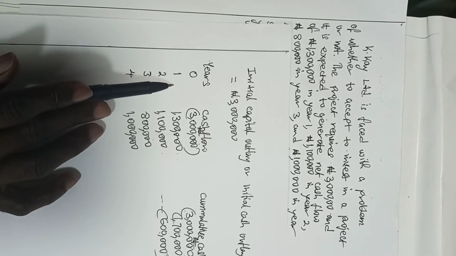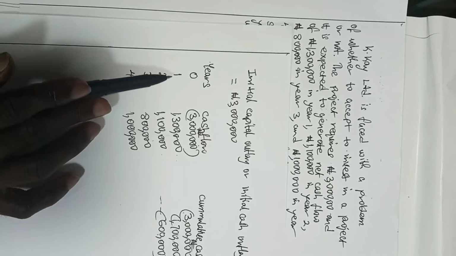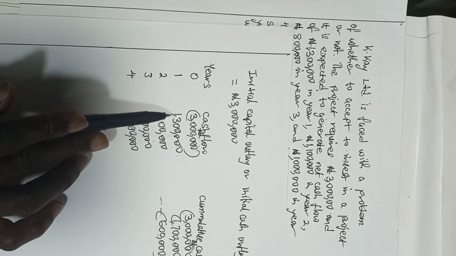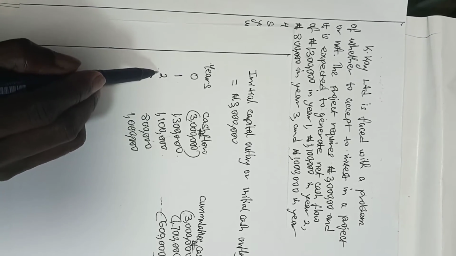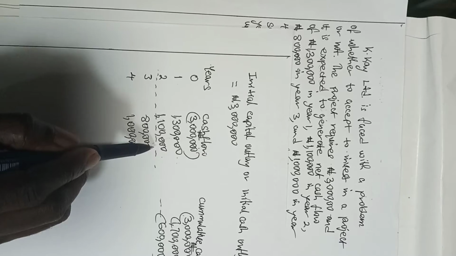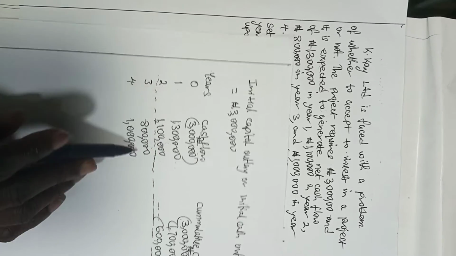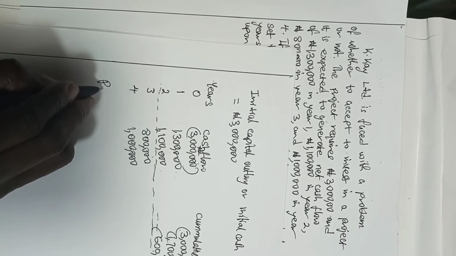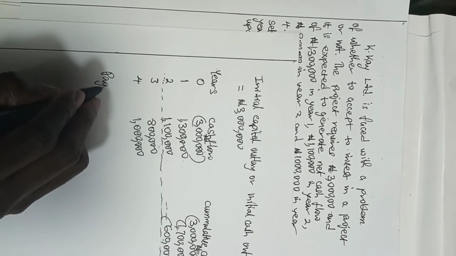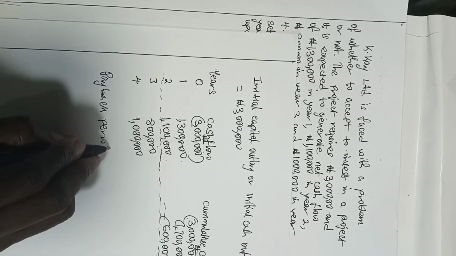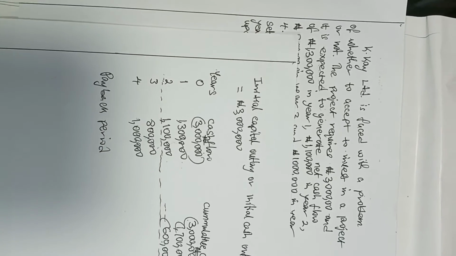The number of years we've calculated before, year 1, year 2. So we ring this one. We roll it like this. So year 2, we've calculated year 2. So we now say payback period. This is our calculated payback period.